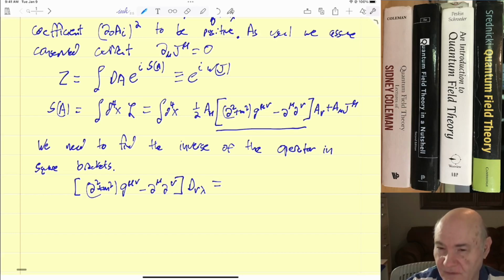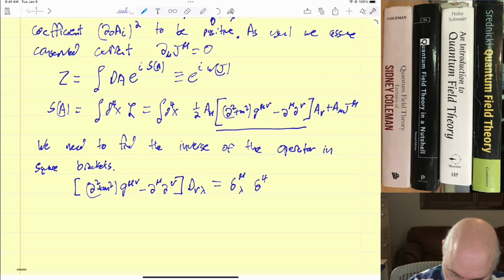In the scalar case, the propagator didn't have any indices because the exchange particle was spin 0, but now we're having a photon exchange, so we'll have one index from where it starts at the source, and another index for the sink, so we'll have two indices on the propagator. And this should be equal to delta_mu^lambda delta^4(x).